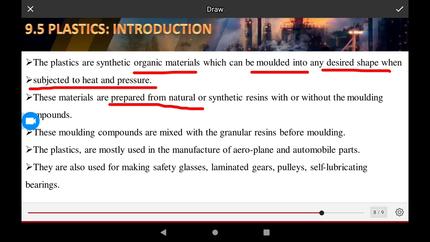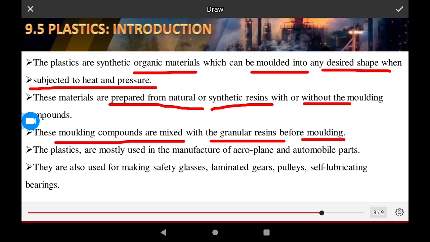These materials are prepared from natural or synthetic reagents, with or without a molding compound. The molding compound is mixed with granular material before molding.